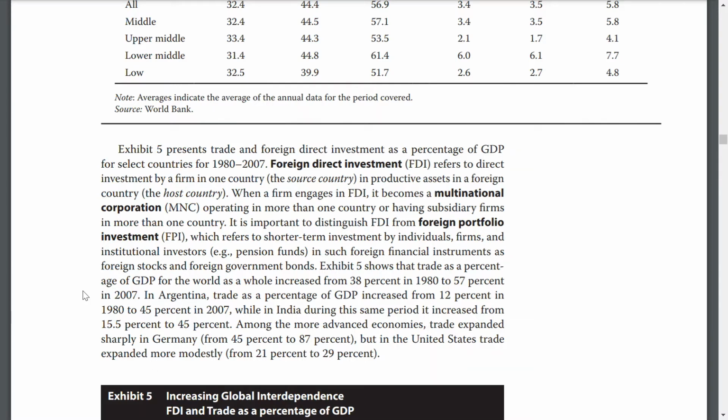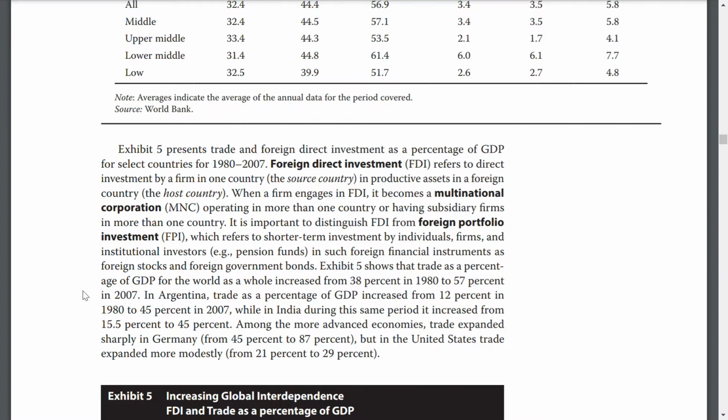It is important to distinguish FDI, foreign direct investments, from foreign portfolio investments, which refers to short-term investments by individual firms and institutional investors in such foreign financial instruments as foreign stocks and foreign government bonds. Exhibit 5 shows that trade as a percent of GDP for the world as a whole increased from 38 in 1980 to 57 in 2007.